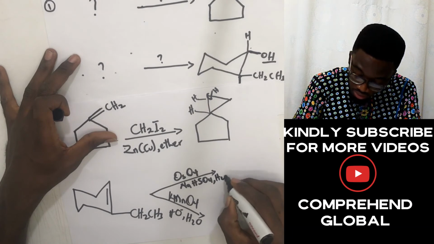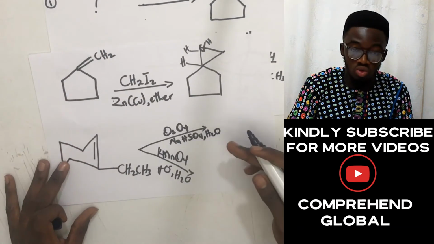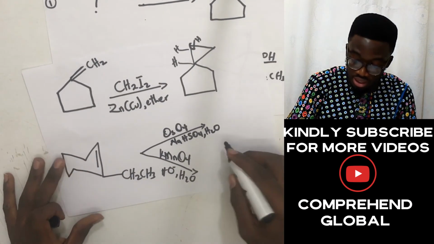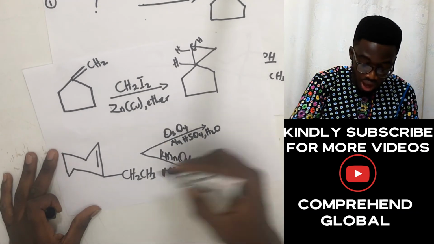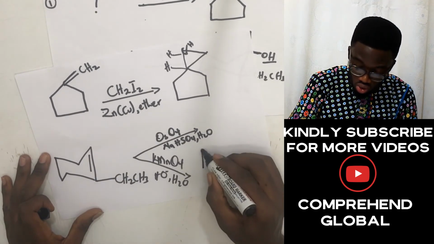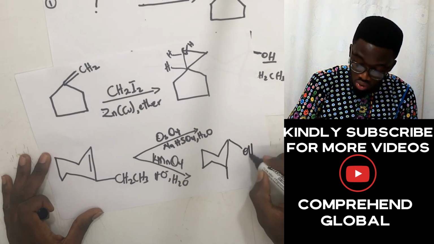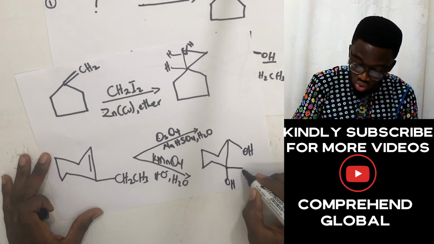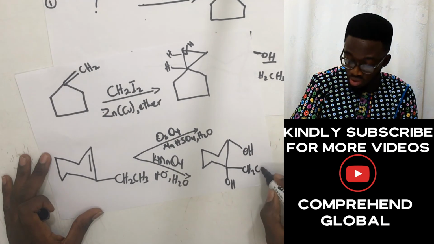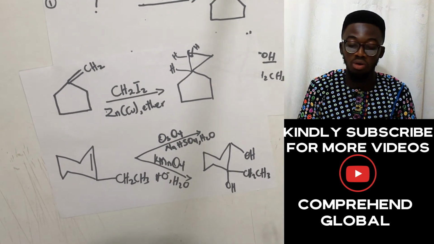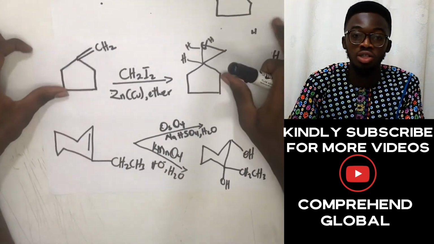Yes, we can react it with these two. Then we get our product adding 2 OH to our double bond. Thank you very much for watching this video.